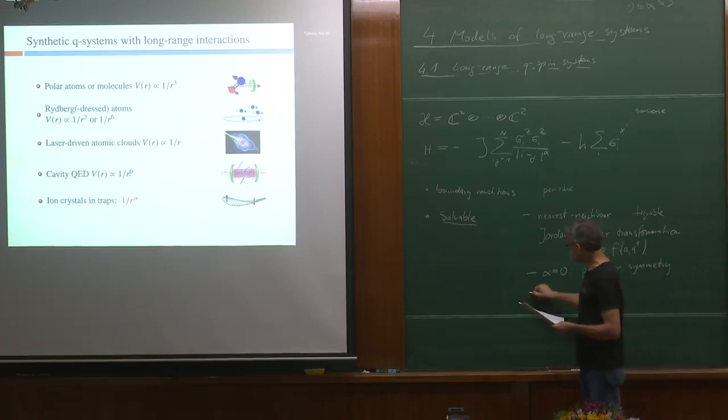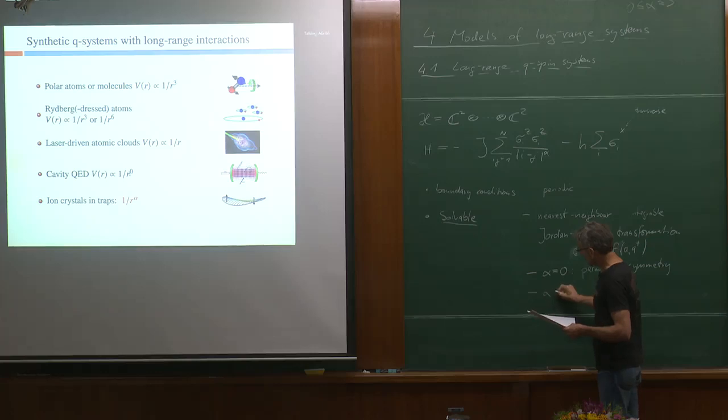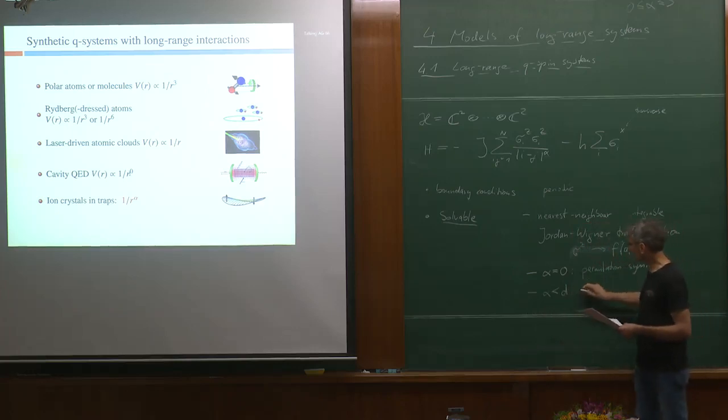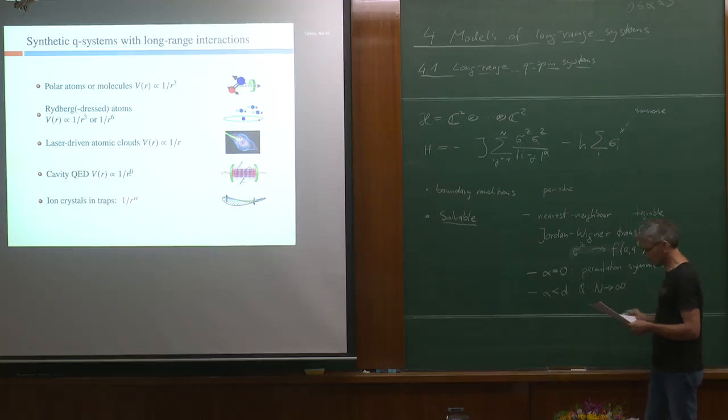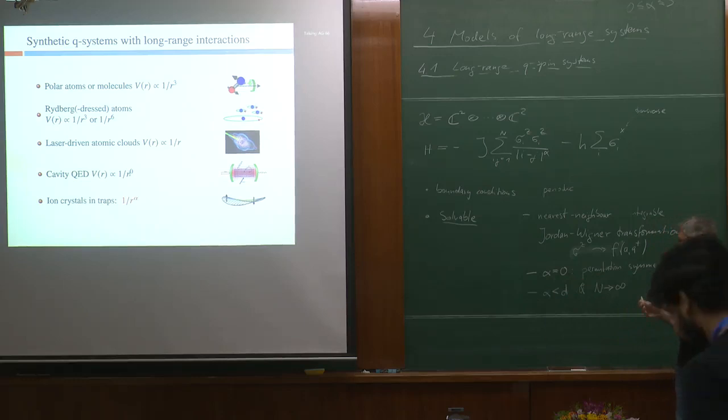which will be discussed in more detail, that for alpha smaller than the dimension of the system, and at the same time also system size going to infinity, then the properties of these alphas smaller than d will in some sense be equal to, well, some properties of the system will be equal to those of the system with alpha equals 0.